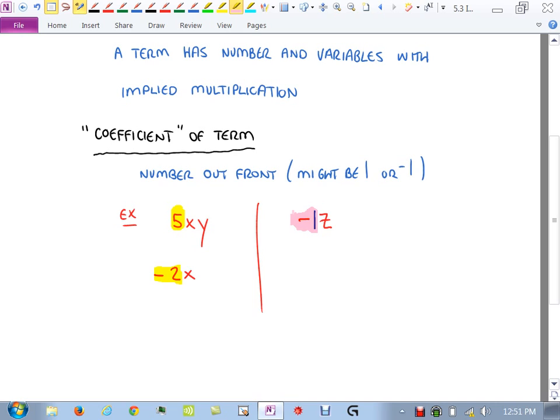Now that's going to become important for what we're going to do now. All right? One more example. 3/4 xy squared. Is that a term? Yes. Now, I said that you have to have variables and numbers being multiplied, right? You might say, well, 3/4 is division, but if you remember when you learned division, division is multiplication.